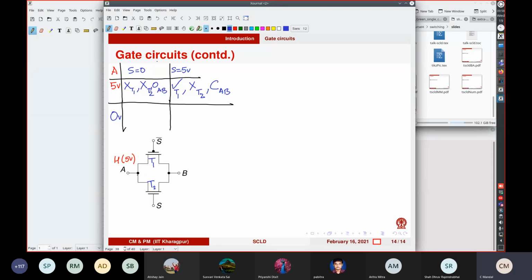So S is 0 means this is at a low voltage, this is at a low voltage. So no channel here, and this is at a low voltage, this is at a high voltage. No channel here. So both are off. So you have an open circuit between A and B, and you consider the other case.